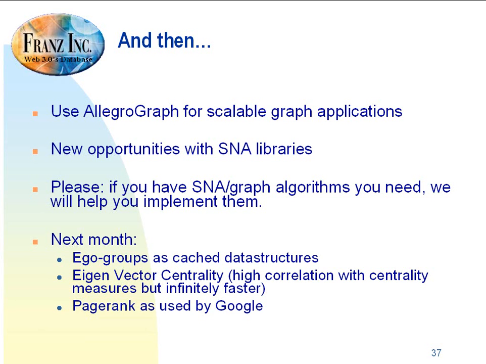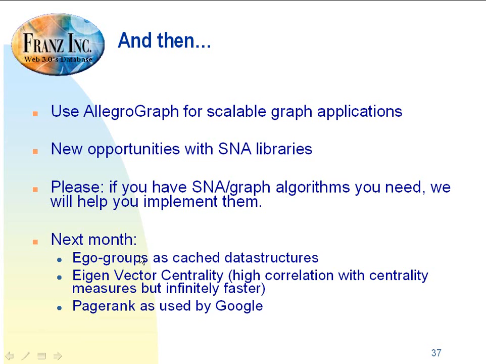And so what we actually would like to do is that if people have requests for particular social network analysis algorithms, please just send them in, and we'll put them on the list, prioritize them, and just keep on working to get you more and more of these algorithms and make them faster. So already next month, one of the things that we will hand out as a file that you can download or as a patch is cached ego groups.